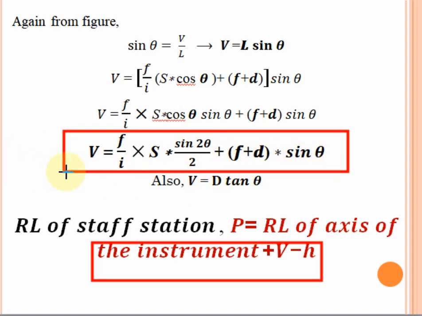This is the formula for the vertical distance between the horizontal line of sight and the central reading.